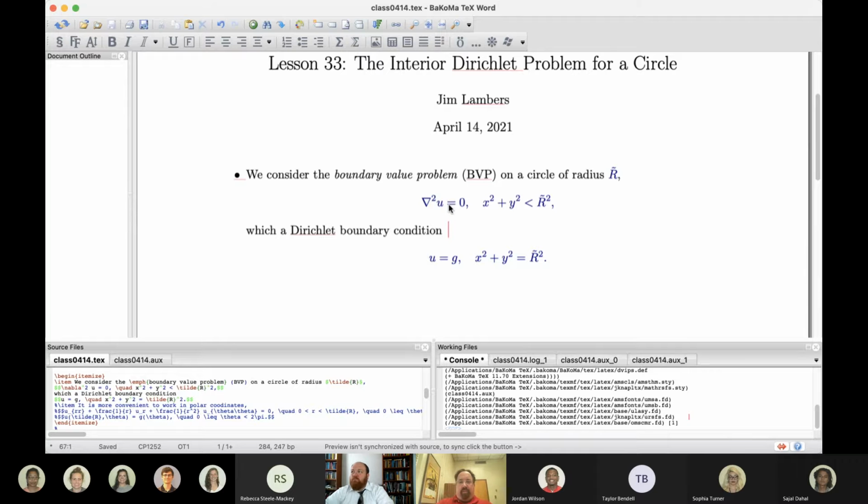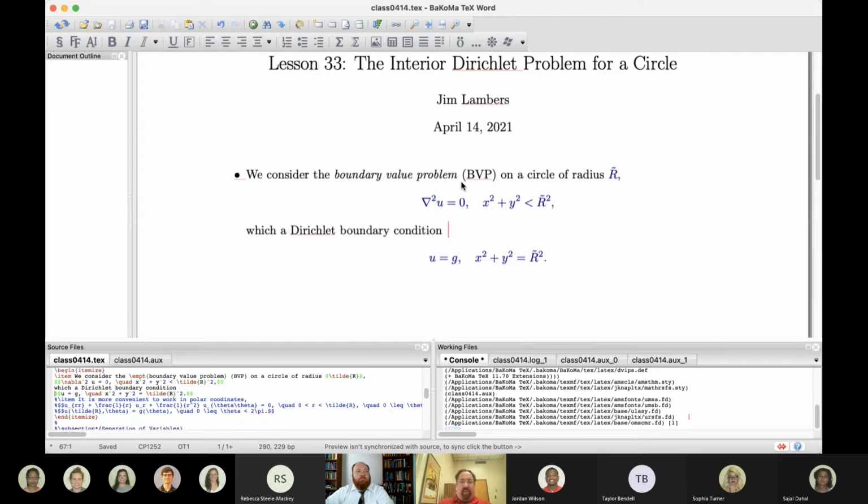So the Laplacian of u is 0 on the interior of the disk. And then we have a boundary condition: u is equal to some given function g on the circle. This is called the Dirichlet boundary condition. And we're solving the PDE on the interior. That's why it's called the interior Dirichlet problem.